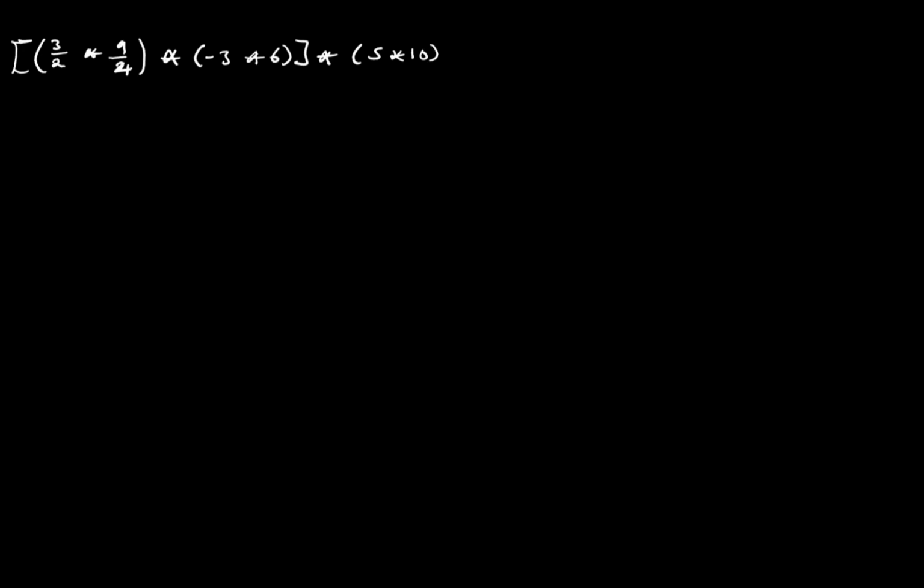This was too much. But anyway, let us try and solve this. Remember, the operation is that we have x star y being equal to x plus y over x minus 3. All right, so let us do the brackets part first.